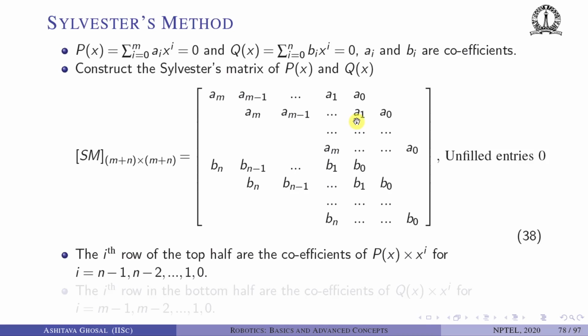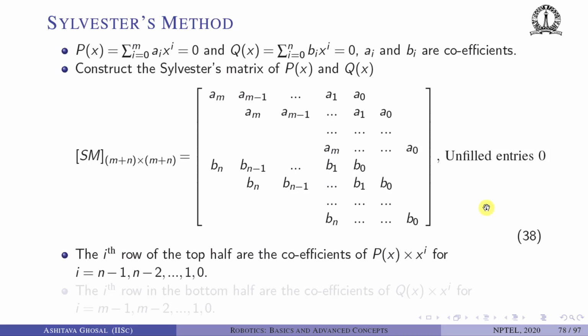So we have to multiply the first equation p of x and the second q of x by the correct number of times such that we get a Sylvester's matrix which is m plus n by m plus n. It's a square matrix. All the unfilled elements in this matrix are 0.